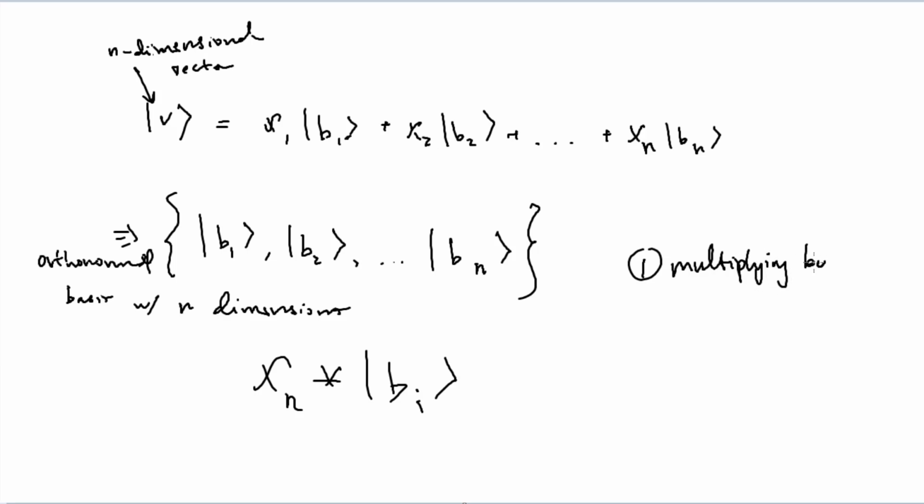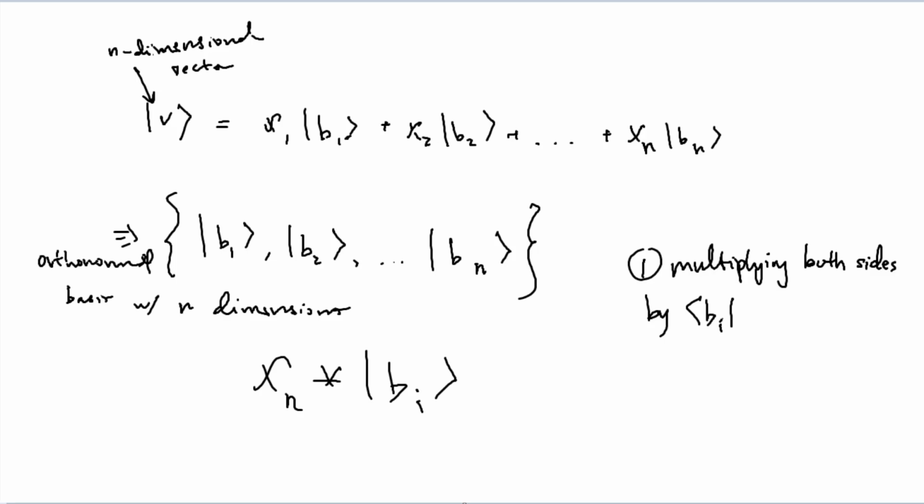multiplying both sides of your equation here, this side and this side over here, by your bra vector of the same sort of caliber, by bra of bi, right?